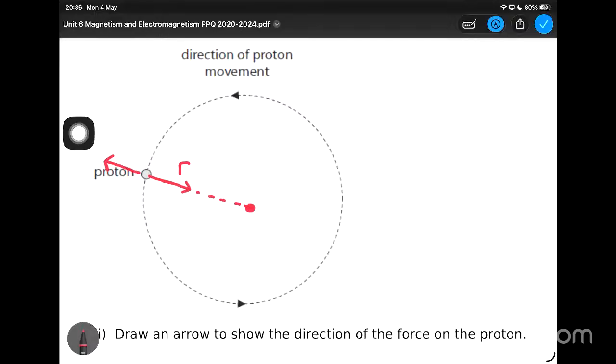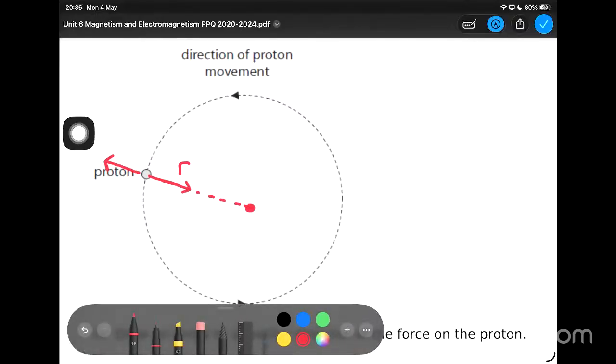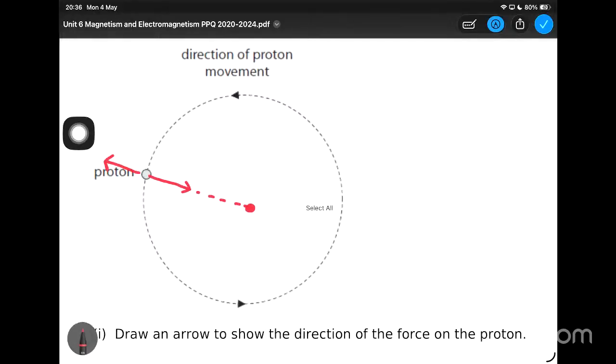The one directed towards the center is known as the centripetal force, and the other one, the centrifugal force, goes away from the center, right? These two forces are equal to each other. Therefore, this proton will stay in the same path.